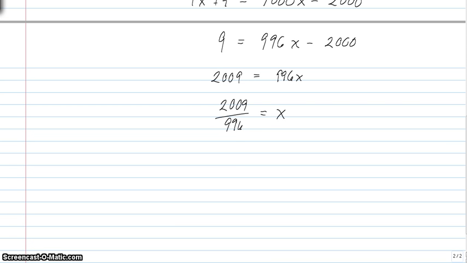So that should give me, if I punch that into the calculator, about 2.02. It's nice to have the decimal approximation because I want to make sure that this number isn't going to violate the domain of one of my original log terms.